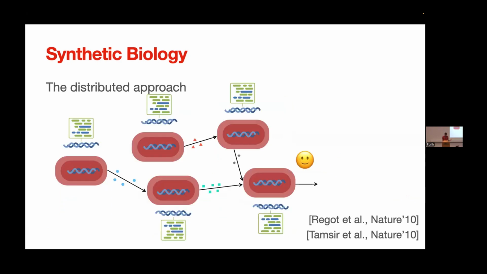So of course, the natural approach is to distribute things. Let's say you have some computation, you cannot put everything into one cell. So now you're putting it into multiple cells or cell types rather. And that is nice, of course, because now every single cell has less burden on it. But now you have to communicate in some way.